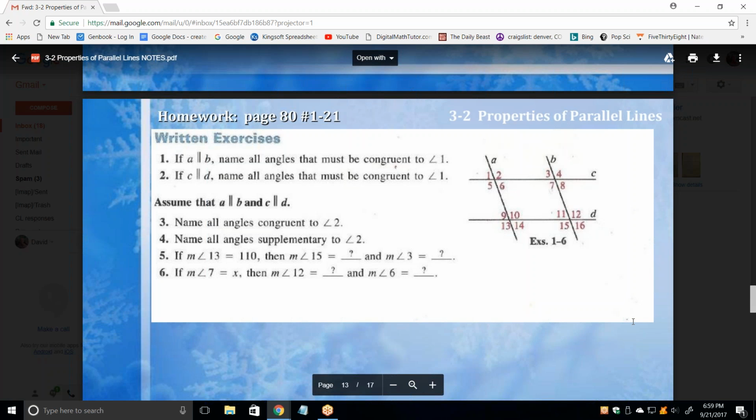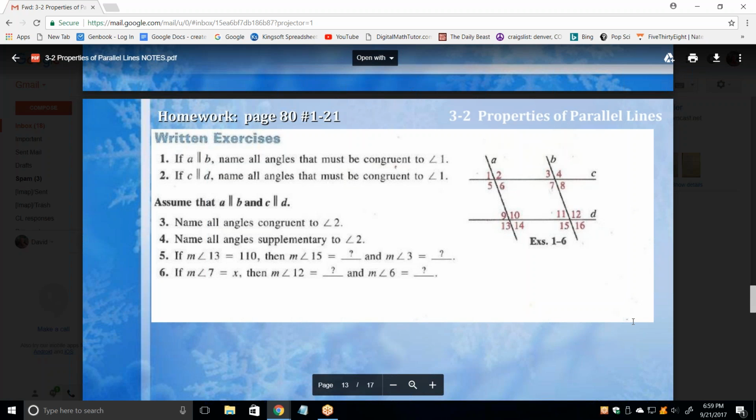If angle 7, we'll finish on this one. If angle 7 is x, then angle 12 is what? 180 minus x. 7 and 12, what are they? They're supplementary. Alternate interior.